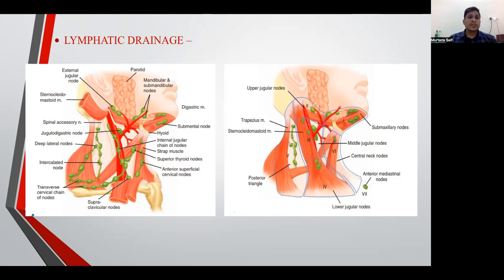You have to appreciate these lymph nodes in relation to the different muscles like trapezius, sternocleidomastoid, posterior triangle, and the lower jugular node beneath the attachment of the sternocleidomastoid. Then the anterior mediastinal node, central node. So there are different nodes.